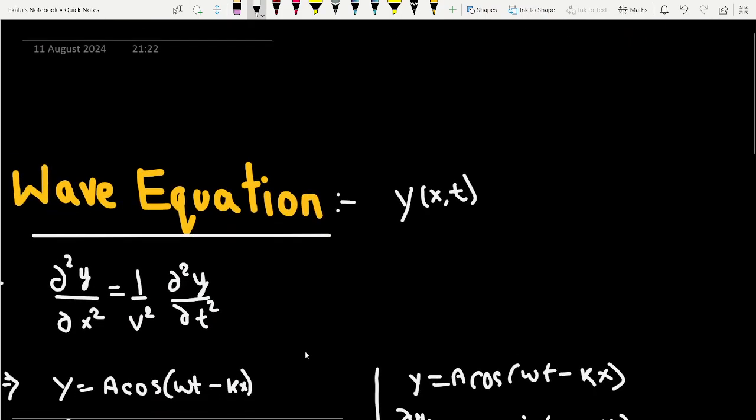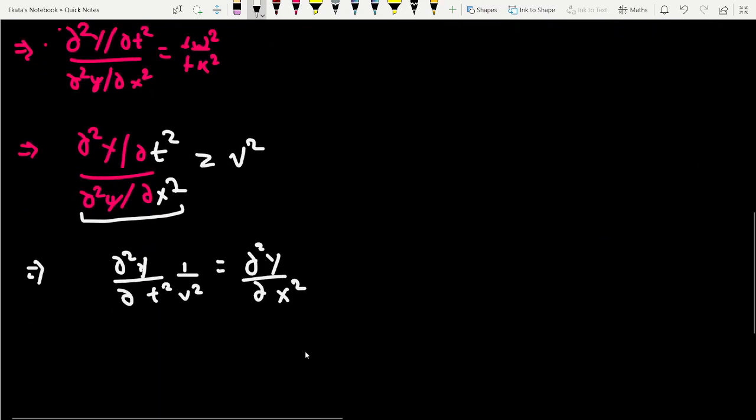You can see that we have just proved this equation.